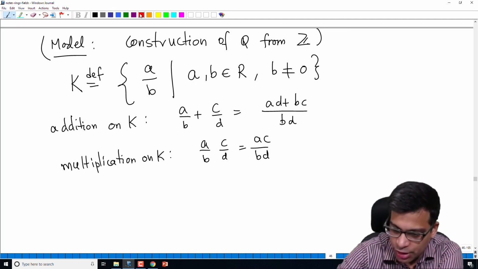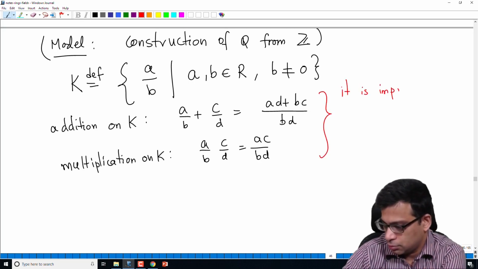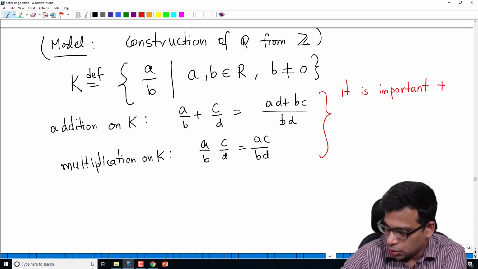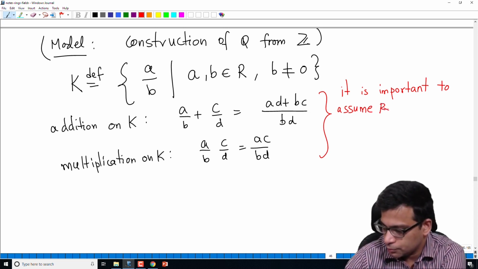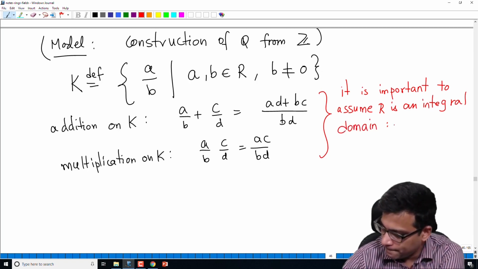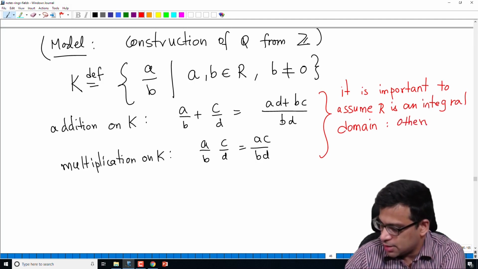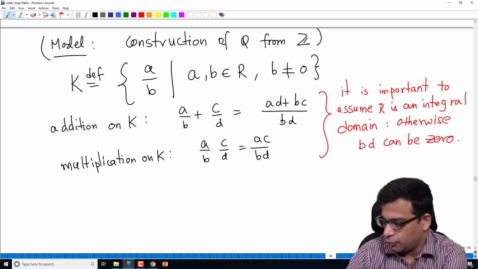And here is where you see that it is important to assume R is an integral domain. Otherwise BD can be 0, and then we will have a problem.